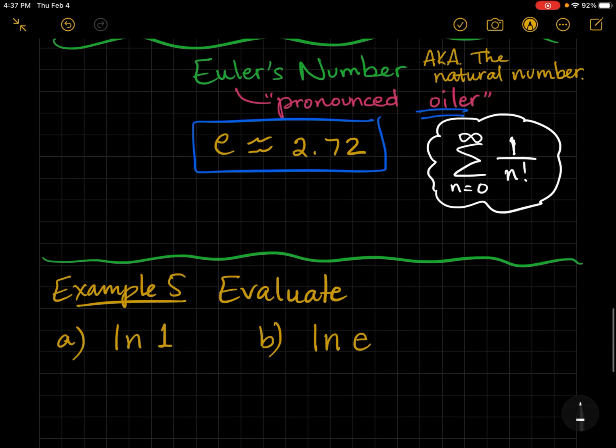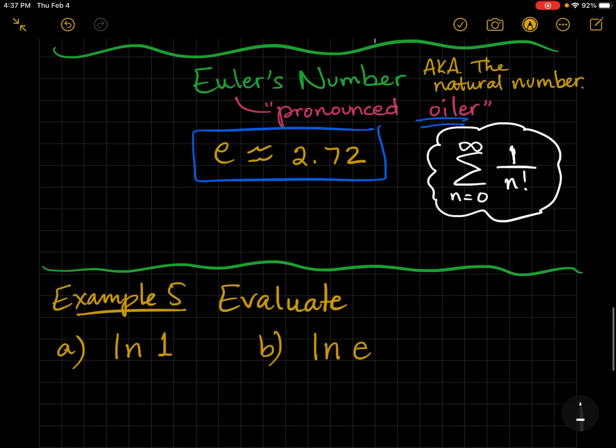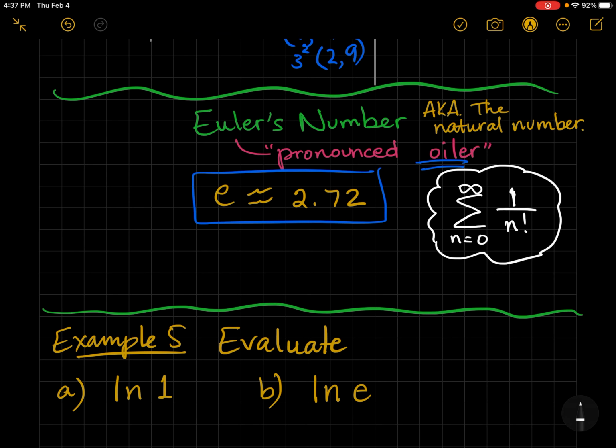It's really easy, so don't be afraid. Also, Euler's number is somewhere between 2 and 3, but closer to 3. So if I were to ask you to graph y equals e to the x, it goes through 1 and about 2.7. You could fake the rest because you know what it looks like.